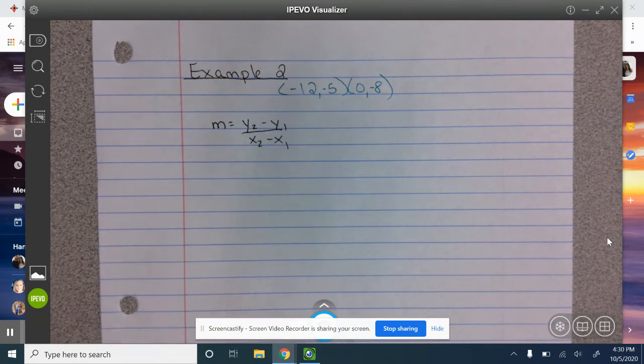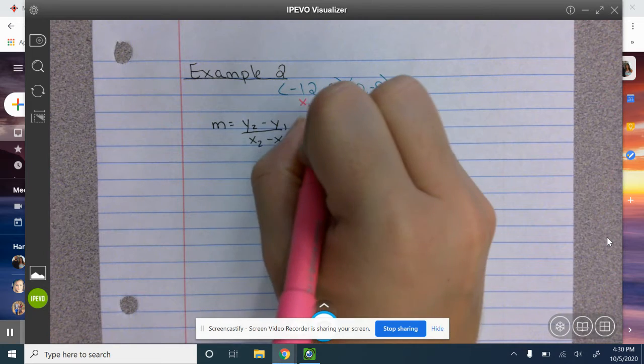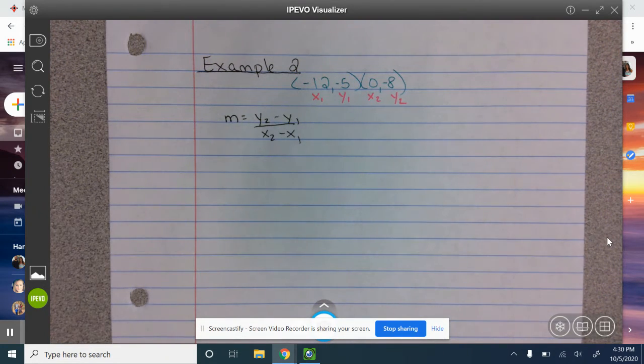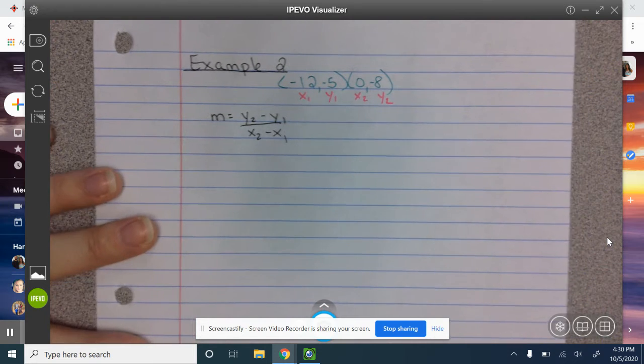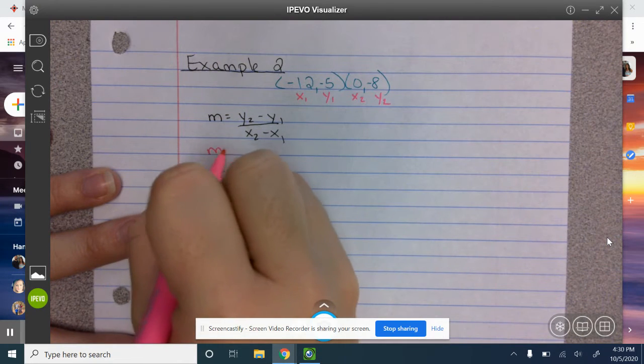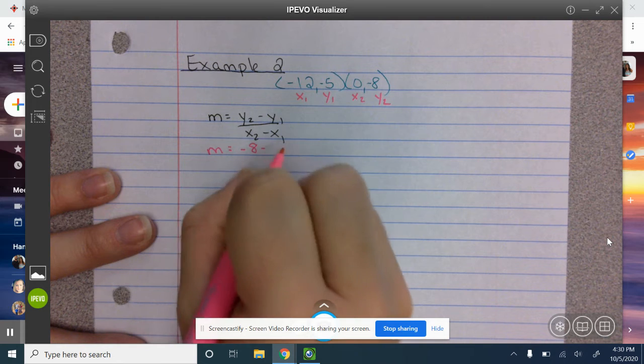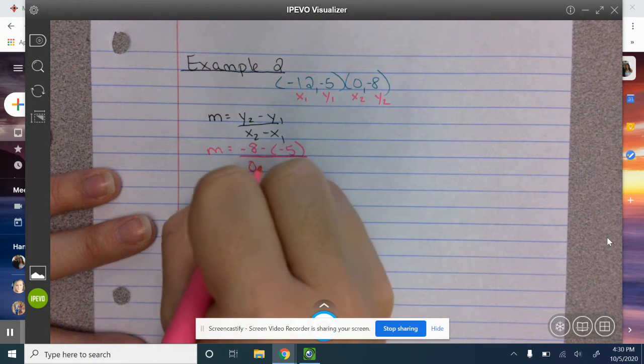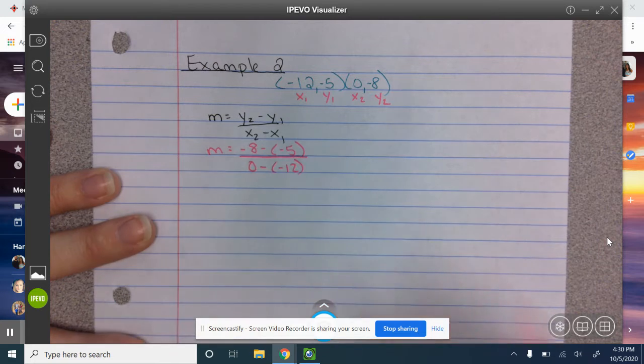Now I'm just going to plug in what I know. So up here we have x1, y1, x2, y2. So now when I plug in, m equals -8 minus -5 over 0 minus -12.